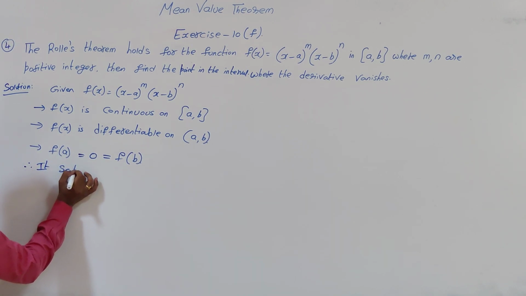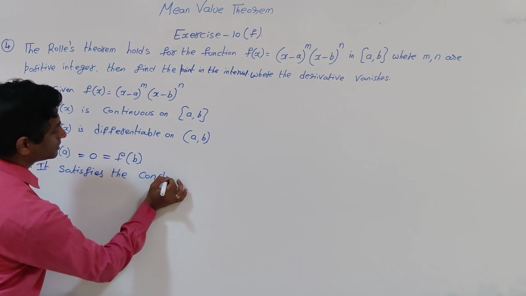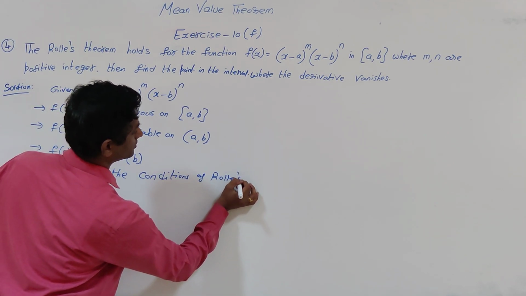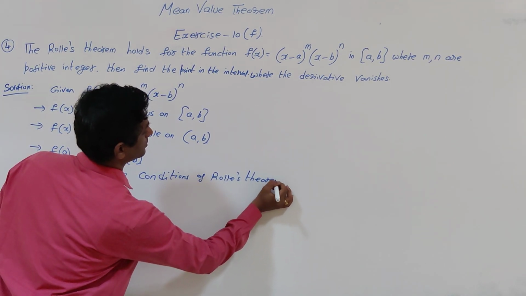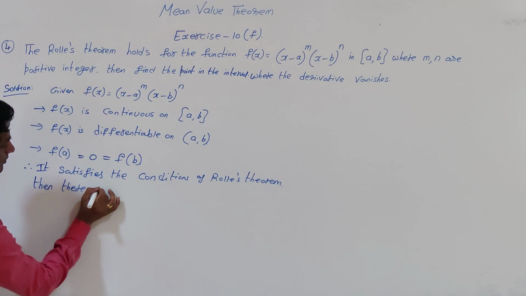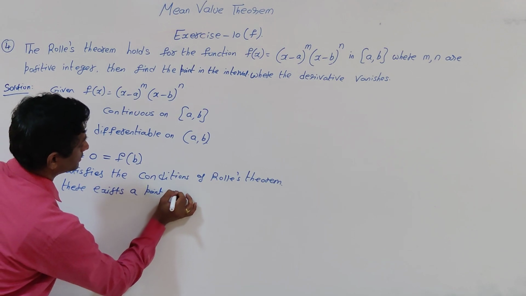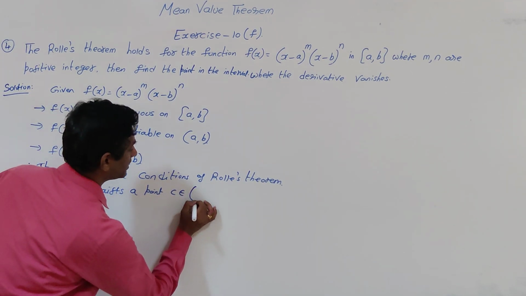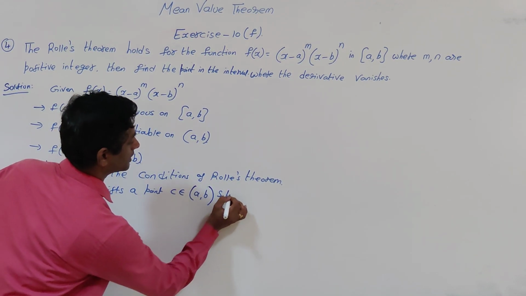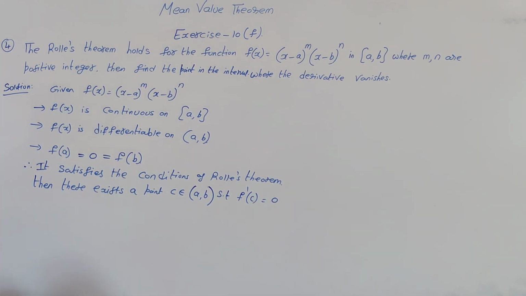There exists a point C belongs to the open interval a comma b such that f dash of C will be 0. Now we have to find out the value of C.